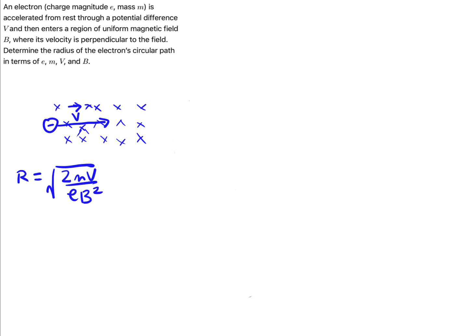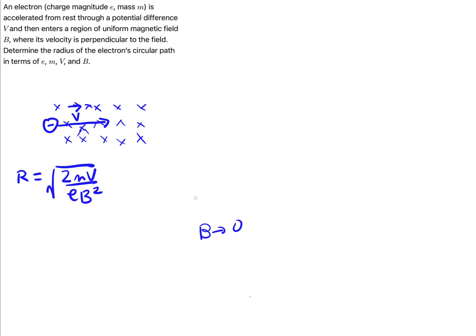And one more thing you can check is maybe see what happens if, say, B approaches 0. If B approaches 0, then this bottom gets very small. So r becomes very large, and the radius is essentially infinite.